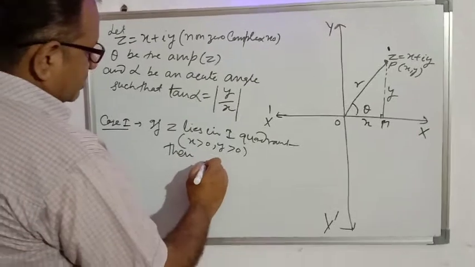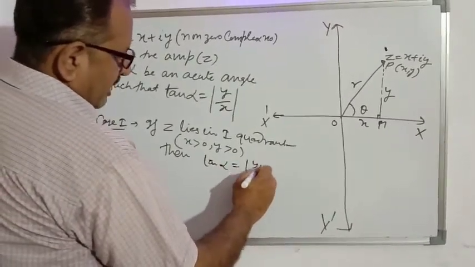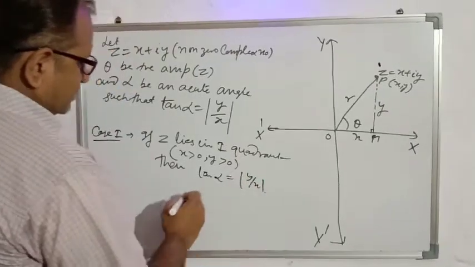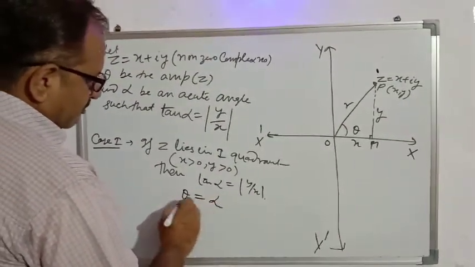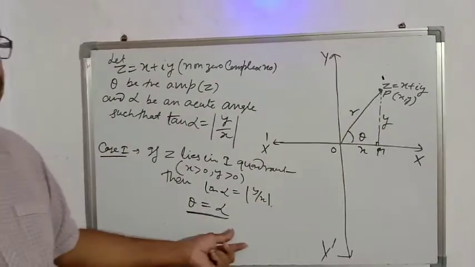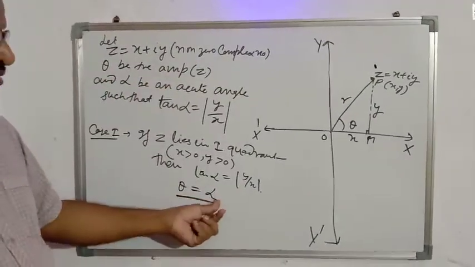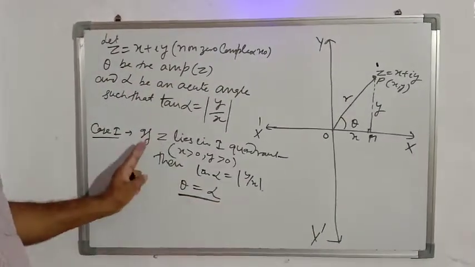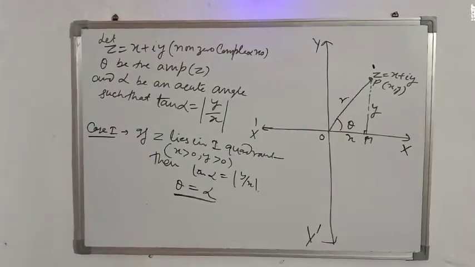Then we find tan alpha as y by x. In this case, theta and alpha are equal. Theta is equal to alpha, which means the amplitude will be equal to alpha if z lies in the first quadrant.